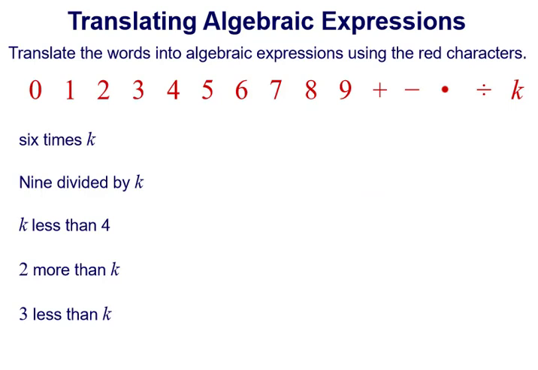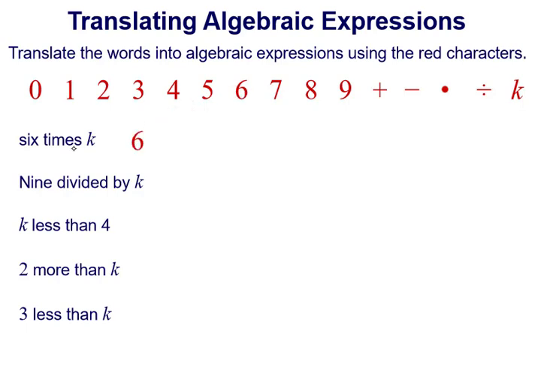So let's actually try some. We want to translate the words into algebraic expressions using the red characters. So we have different numbers, and then we have the different operations relating to the variable k. We're looking at 6 times k. So we have the number 6.